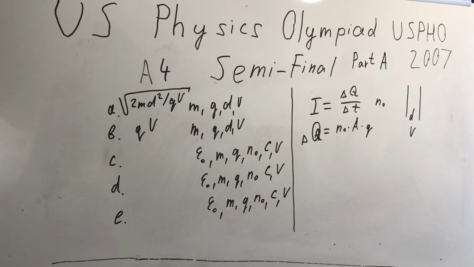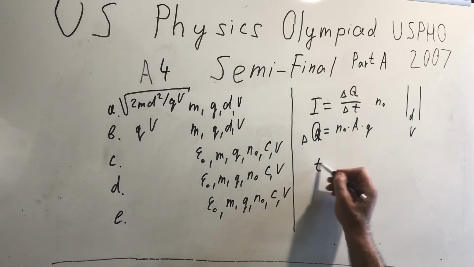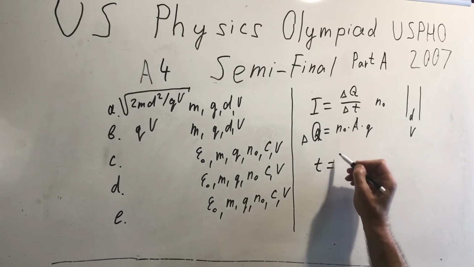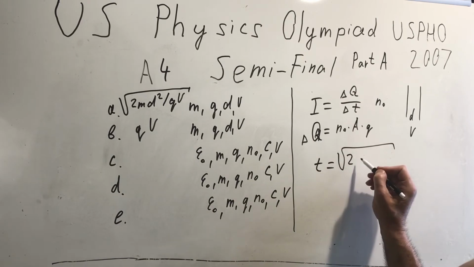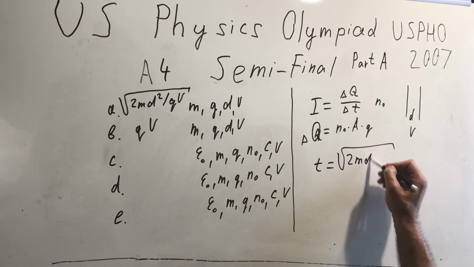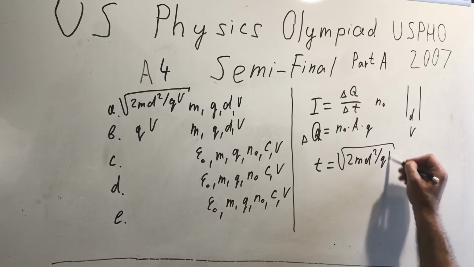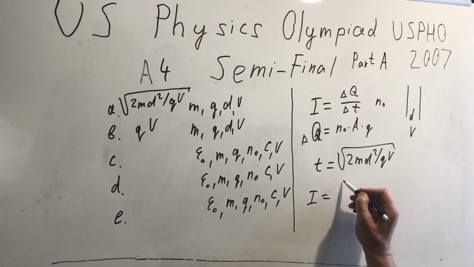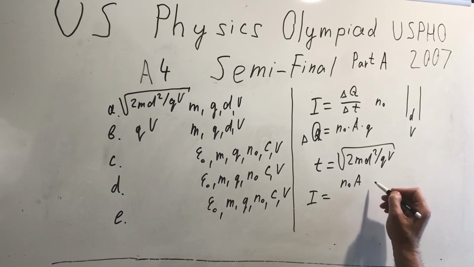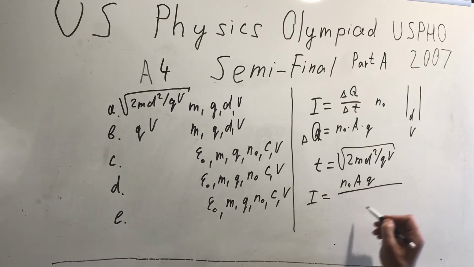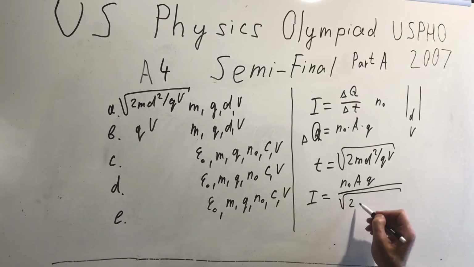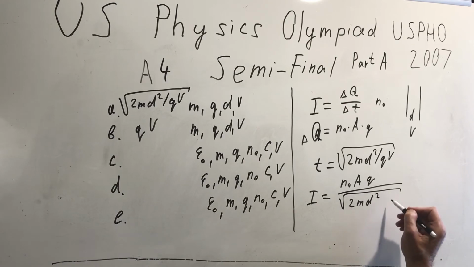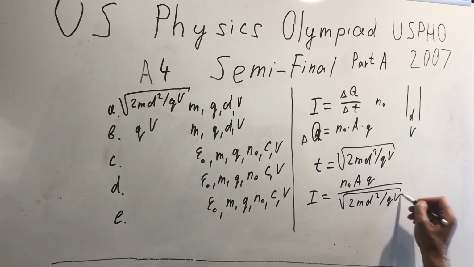And the time we already calculated: the root of 2m d squared over qV. So the current will be n0 A q over root of 2m d squared over qV.